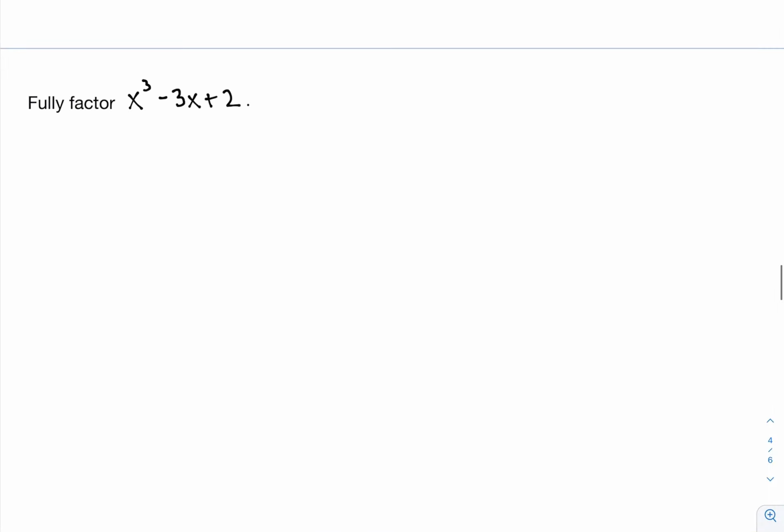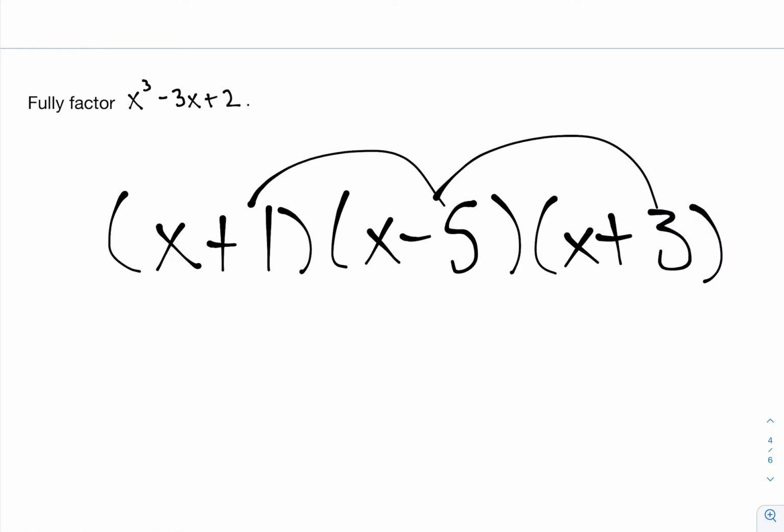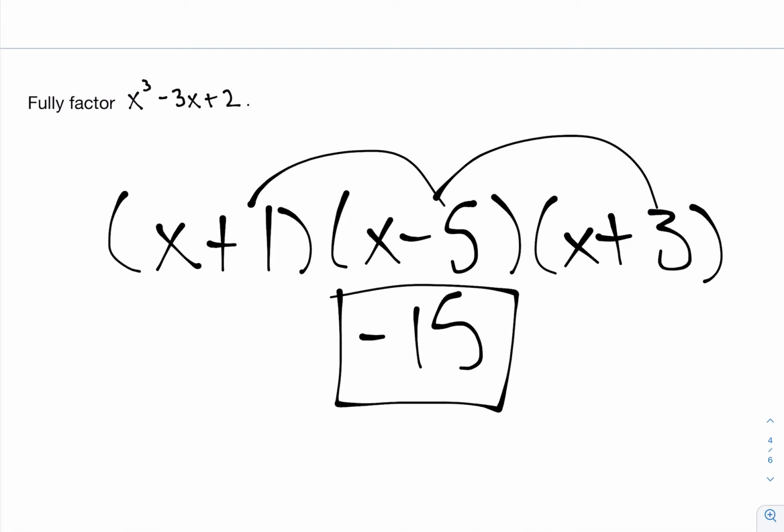Okay, so you'll remember if we have, for example, x plus 1, x minus 5, x plus 3, right? This last number here, the constant, is just this positive 1 times this negative 5 times this positive 3. So this is negative 5 times positive 3, which is negative 15. So for this function, the last number would be negative 15.